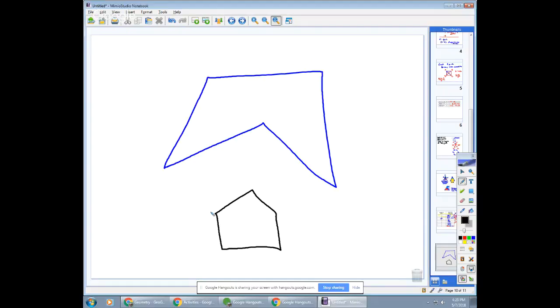Okay, next, pick a single vertex, any vertex, just one of them though. So on my first one, I'm going to pick this vertex right there. My second one, I'm going to pick that vertex right there. Now from that vertex, I'm going to connect it to vertices it's not already connected to. So I'm going to make some diagonals.